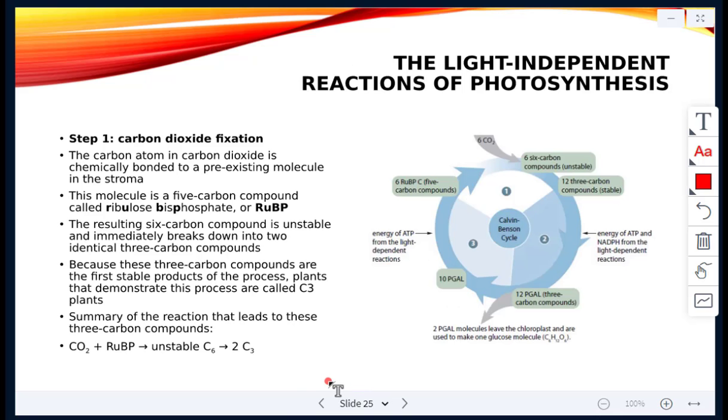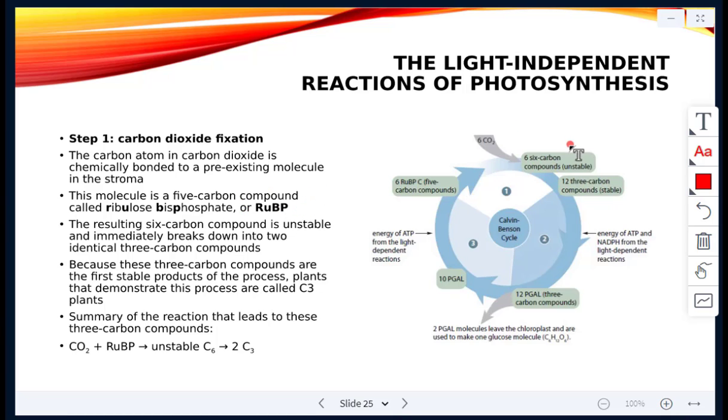So step one is called carbon dioxide fixation. Step one is happening right here. The carbon atom in carbon dioxide is chemically bonded to a pre-existing molecule in the stroma. It's this one here, called ribulose bisphosphate. It's a 5-carbon compound and it's shortened to RuBP.